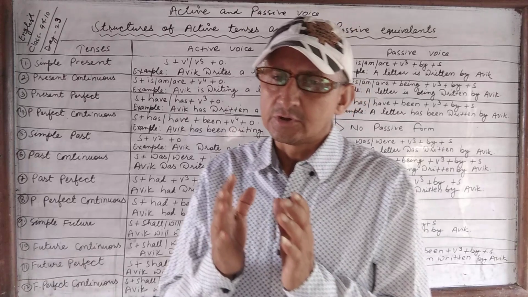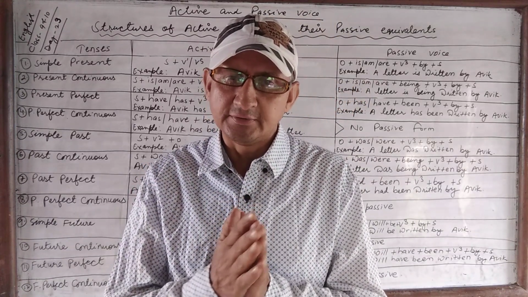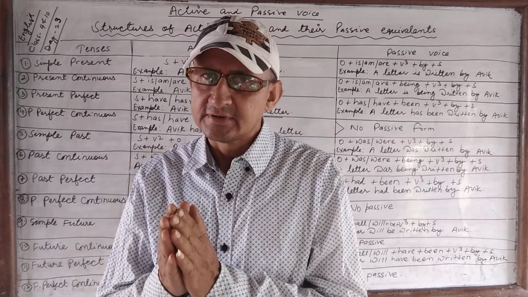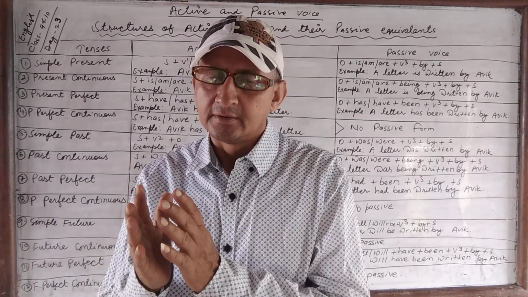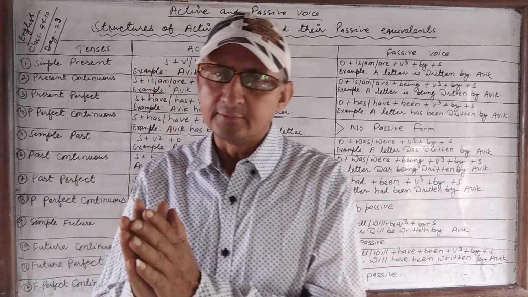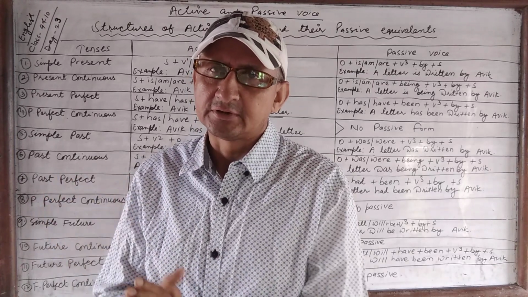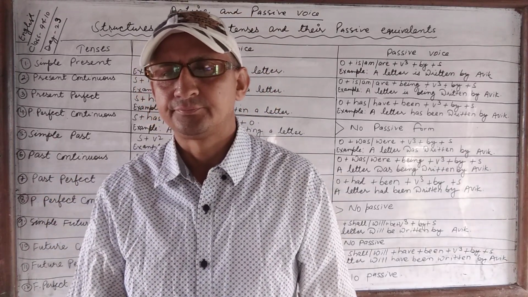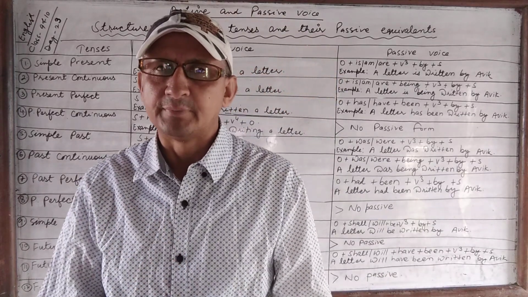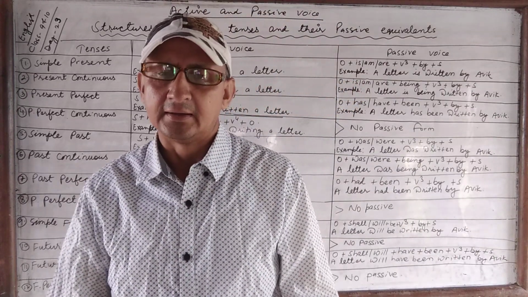The passive structure is object of the active voice plus helping verb, that is be verb, plus P3, past participle form of the verb, and then by, we use the preposition by, and subject of the active voice. Example, the house was painted by Anna.